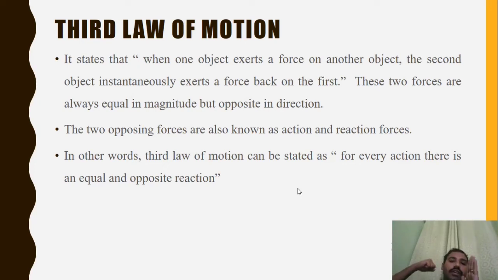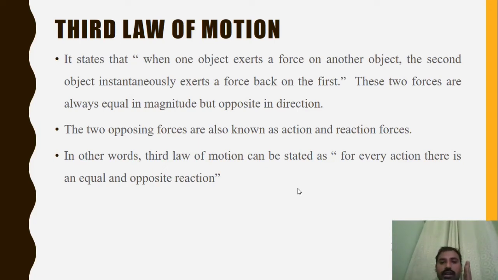That is, if you are giving a force like this, the second object will instantly exert a force back on the first. That is known as Newton's third law of motion. That is, for every action there is an equal and opposite reaction.